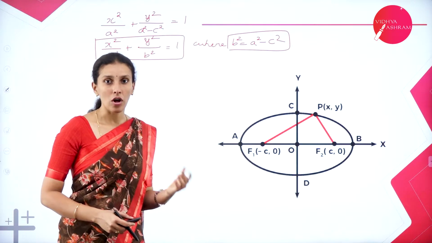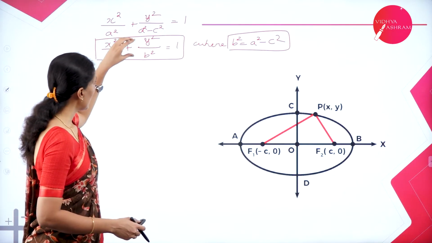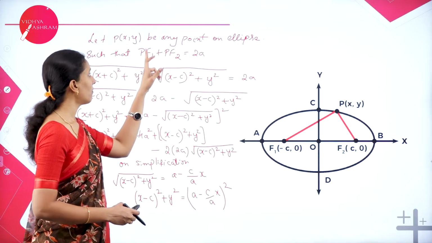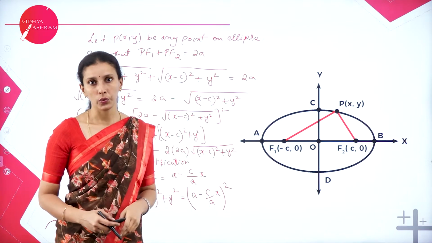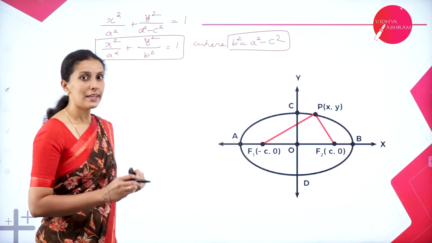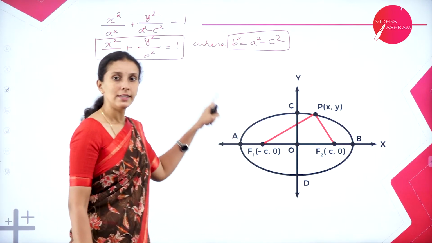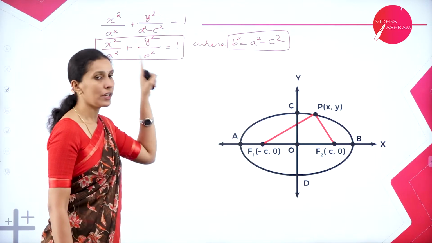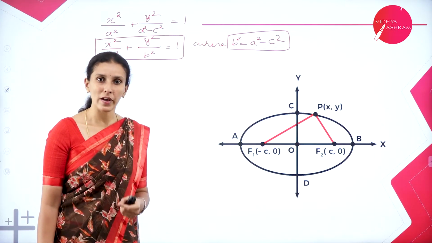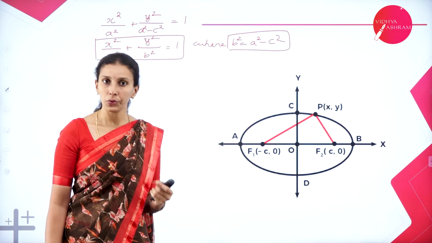Now let us take the converse part. Let us consider this as the equation. Let us prove that PF1 plus PF2 is equal to 2a. So now let me consider this as a standard equation. Let us assume the given ellipse satisfies the standard equation x square by a square plus y square by b square is equal to 1.